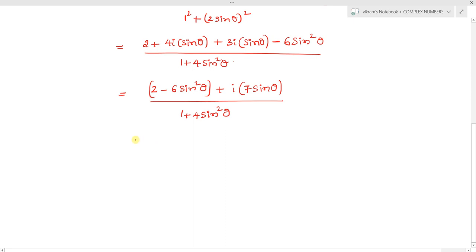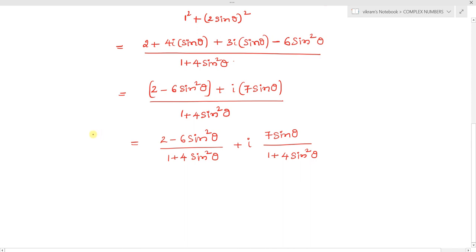Now separating the real and imaginary parts, we get (2 minus 6 sine square theta) by (1 plus 4 sine square theta) plus i times 7 sine theta by (1 plus 4 sine square theta).